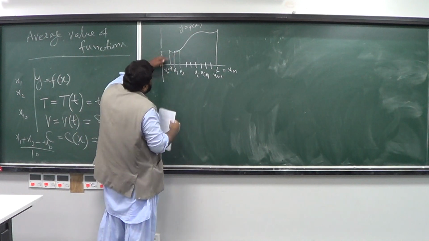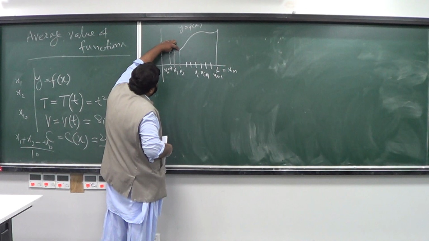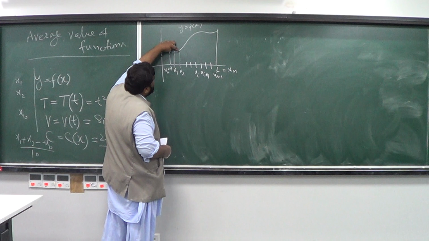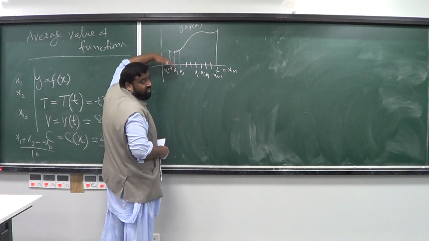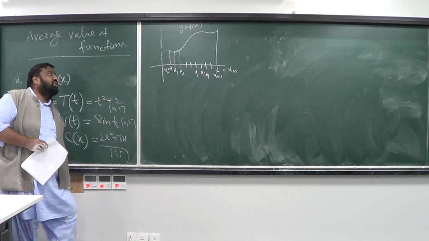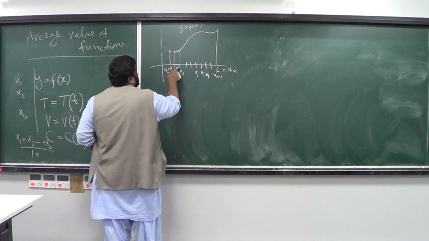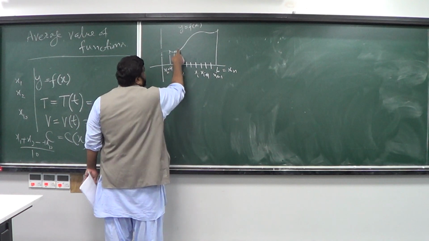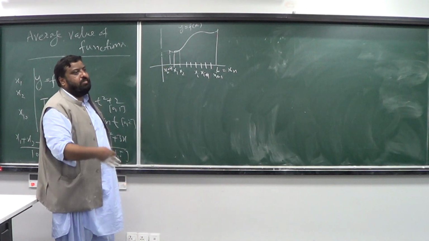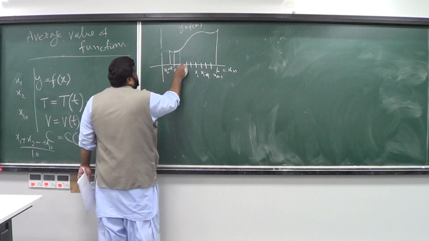You can see that the value of the function here and the value of the function here are not too different, they are really close to each other. So let's say that on each interval I take, for example, the value of the function at the left end point. I can take the right end point, the middle point, any point actually.